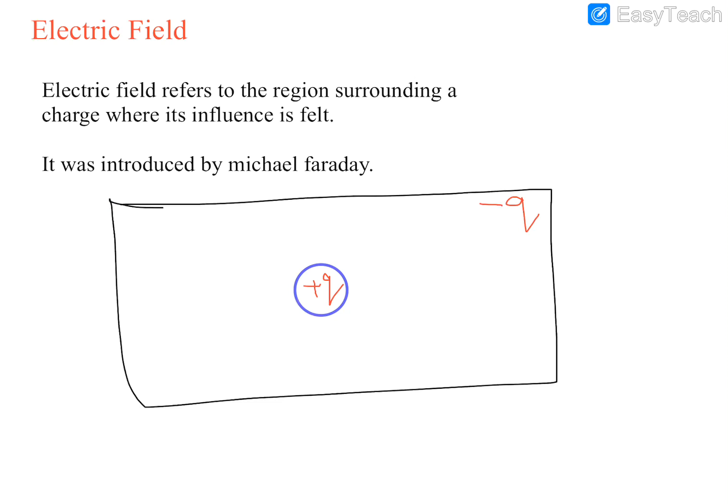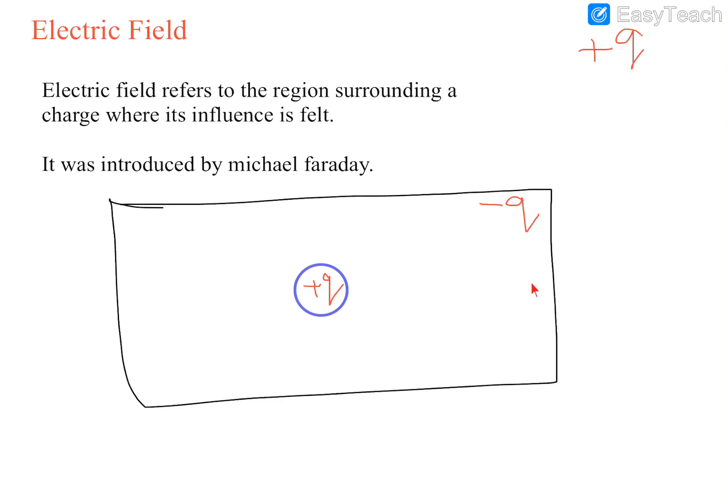Now outside of this region, its electric field is not there, because the electric field is only up to this region. So if you place a plus Q or minus Q charge outside, then your charge which is already there, plus Q, will not exert any force on it, because the electric field of this plus Q is not extending up to this place.